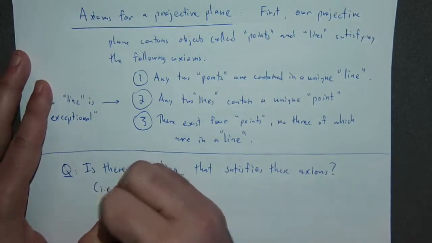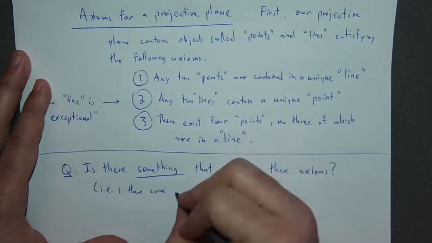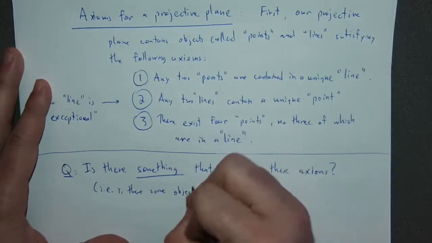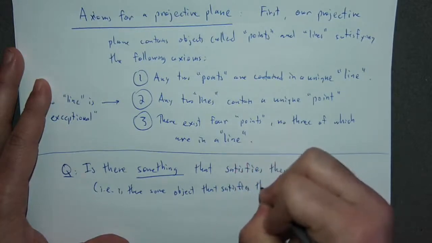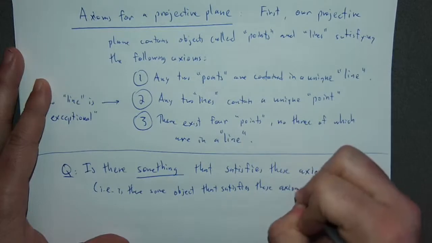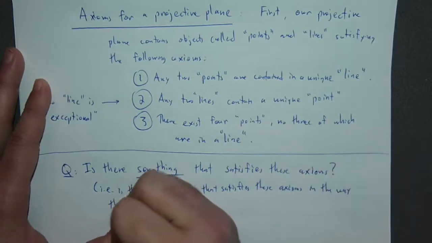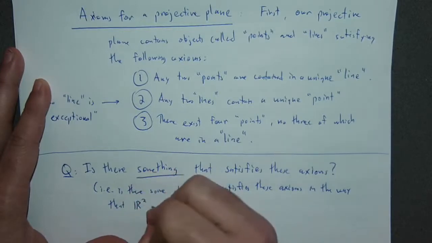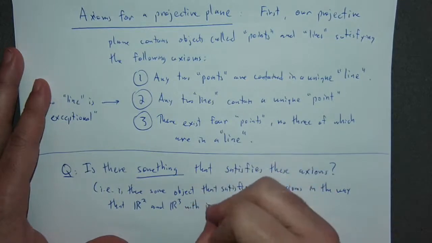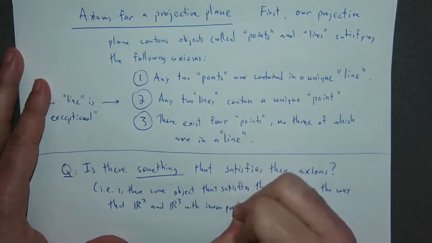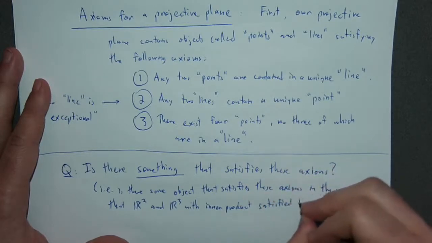So, is there some object that satisfies these axioms in the way that R2 and R3 with inner product, as we saw before, satisfy the Euclidean axioms?